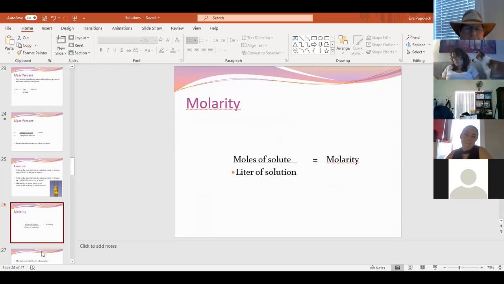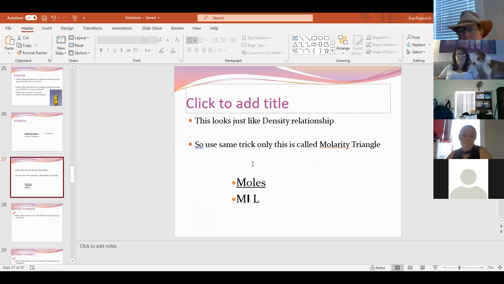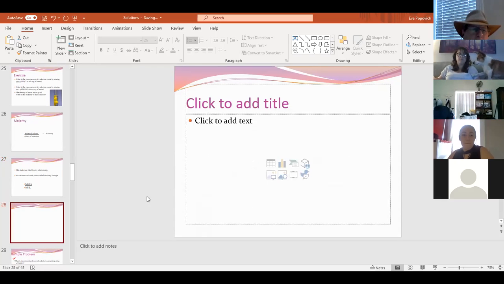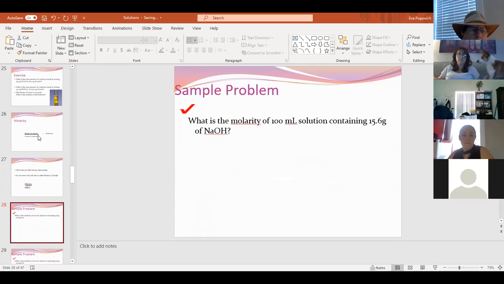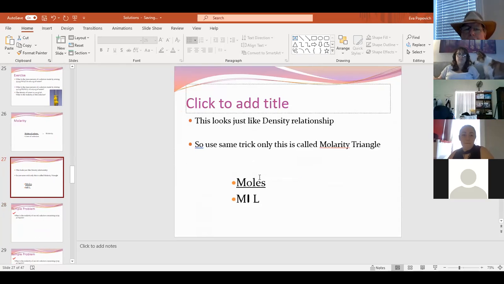We can use that same thing. It's just the same kind of relationship, only instead of calling it the density triangle, we're going to call this the molarity triangle. If I have moles and liters, there's a line between them.